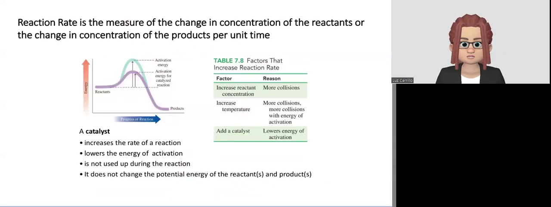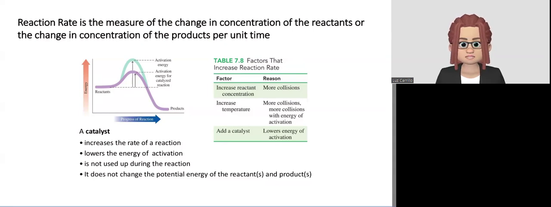The last thing that we're going to mention is specifically what is the rate of the reaction? Because so far we have only looked at energy being absorbed or released, but it tells us nothing about the rate of the reaction, meaning the speed in which we have a change from reactant to product.